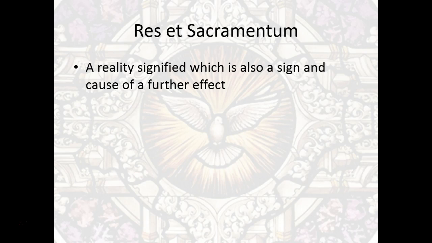The final reality, the res tantum. So if we had a chart here, the res et sacramentum is an effect of the outward sign, but it's also a cause of the final grace, the final reality. It's this middle term. So that's why it's res et sacramentum, sign. So it's a reality signified, which is also a sign and cause of a further or final effect. That is the res tantum.